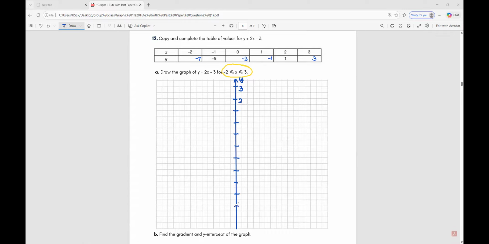Then the x coordinate: 0, 1, 2, 3. Up to 3 is enough. Negative side -1 and -2.